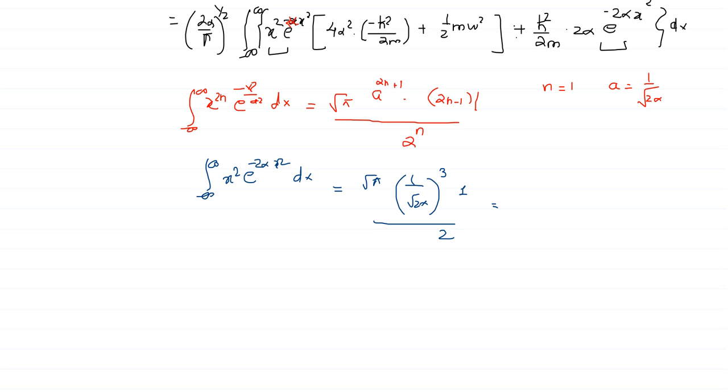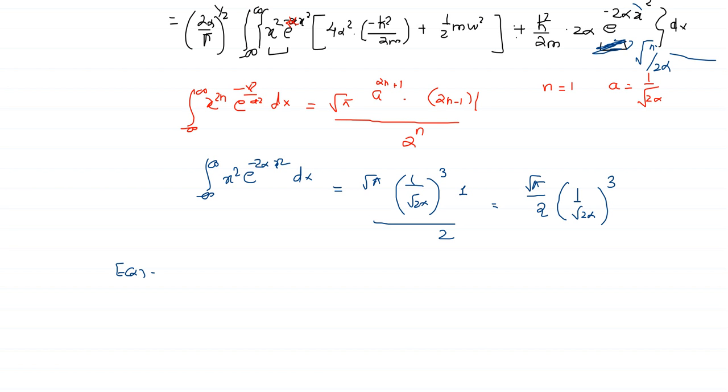So writing it down properly, root pi by 2, 1 upon root 2 alpha raised to 3. And for this integral, we already know the answer: the Gaussian integral is root pi upon 2 alpha. Let us substitute that in our formula for E of alpha.